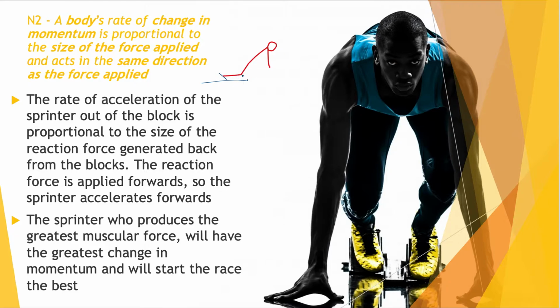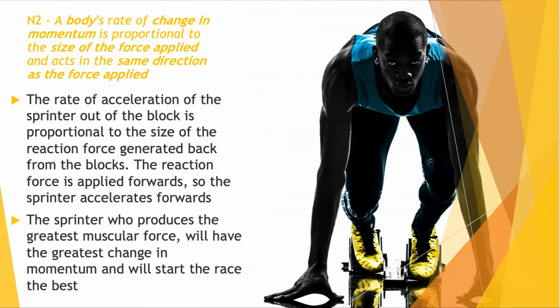And so their action force is this way, and they're pressing to those blocks with an action force that's greater than their inertia, greater than their weight, so they're able to move, and it creates a reaction force forwards, allowing them to accelerate forwards.